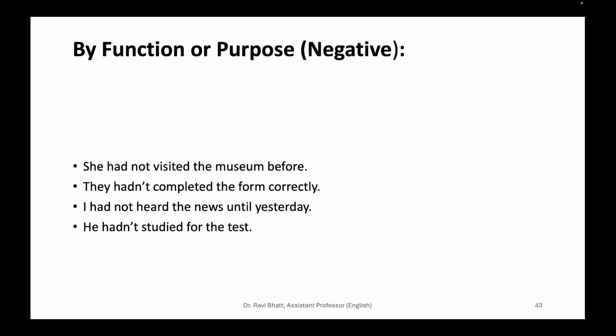And on the contrary, we have here the examples of negative statements. So, negative statements: she had not visited the museum before, they hadn't completed the form correctly, I had not heard the news until yesterday, and he hadn't studied for the test. All right, so these are some negative statements.